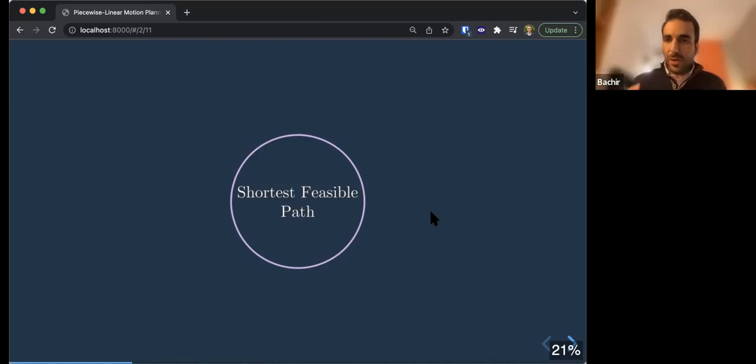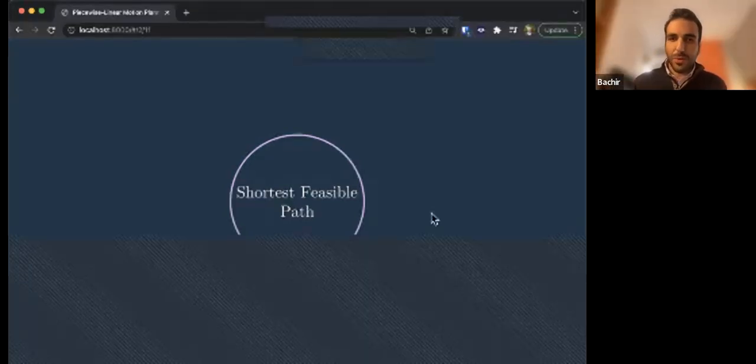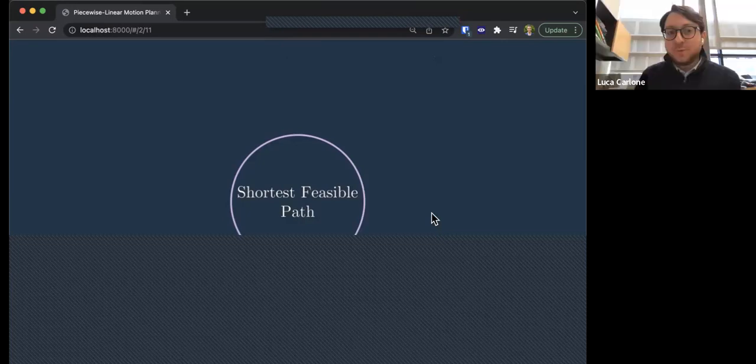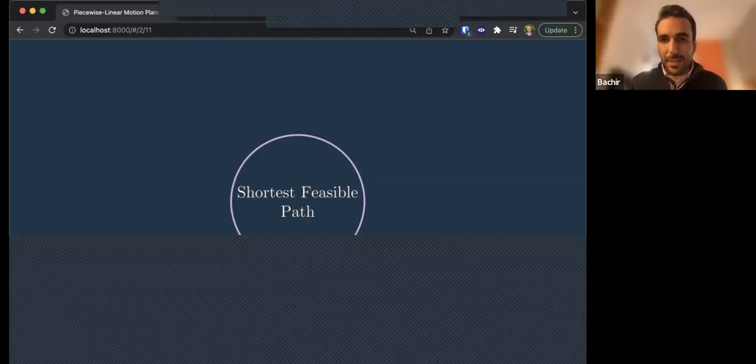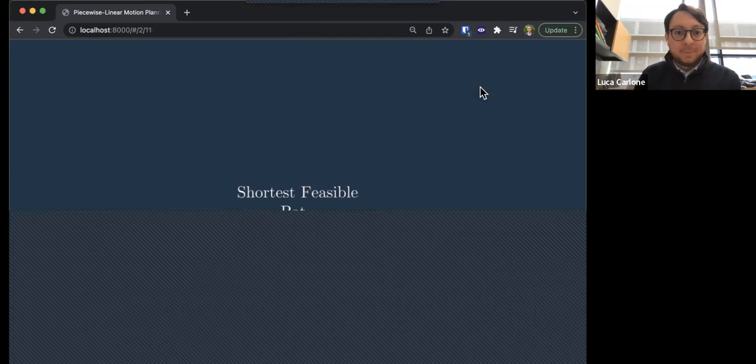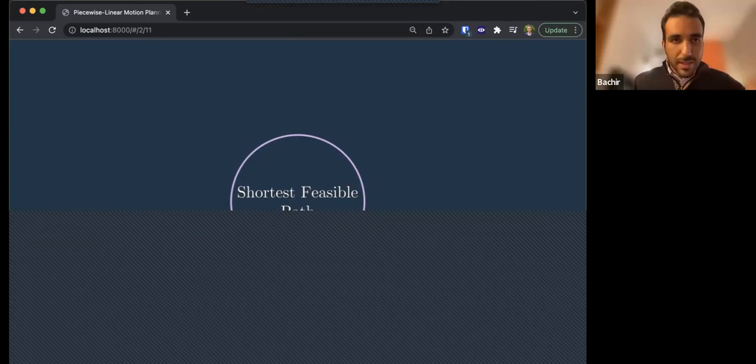If the audio breaks, I can switch to my phone for audio, and I can use my Wi-Fi for video. The slide seems a little bit cut off. Can you go back to the previous slide and go back to this one? Is it better like this? Better, but we still see it cut. The lower part of the slide is cut. Okay, let me stop sharing and share again. Let's hope.